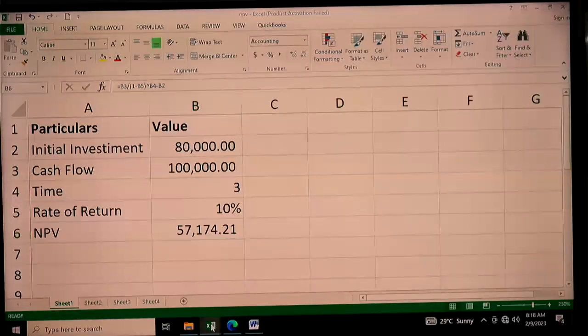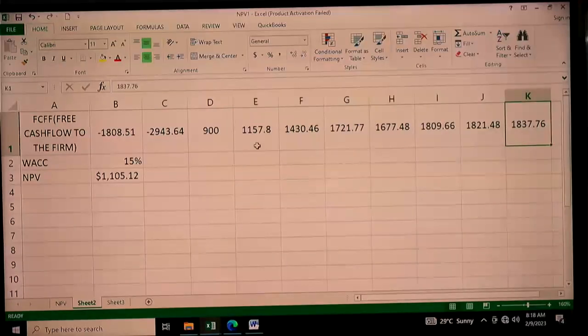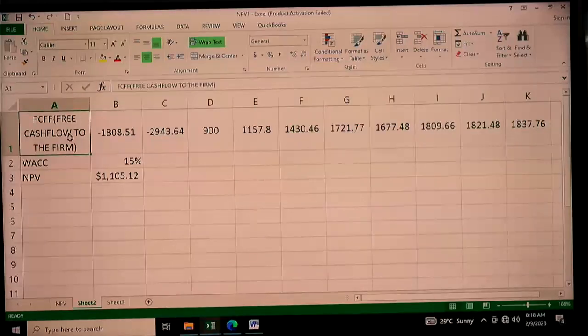This one you have to type because I don't have it in the Zoom machine. You just type this. We are given the free cash flow to the firm. Where we have these negatives, it means the amount was paid out.